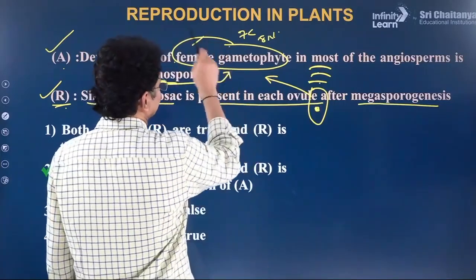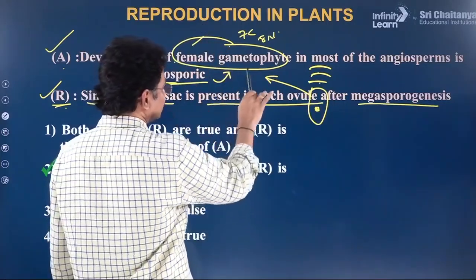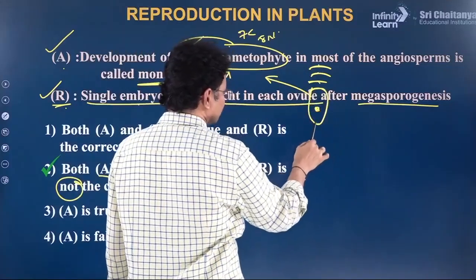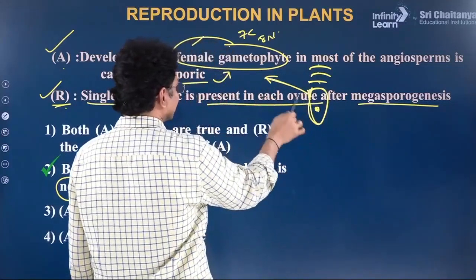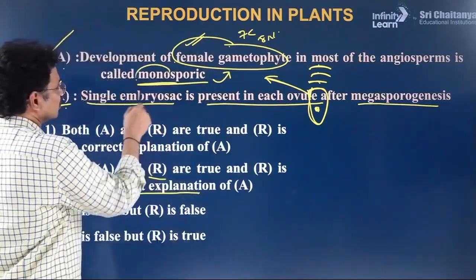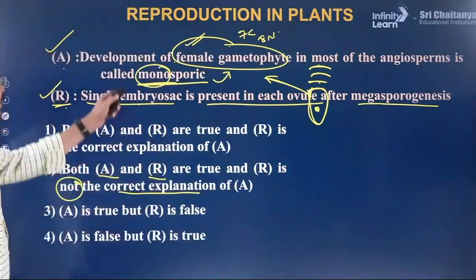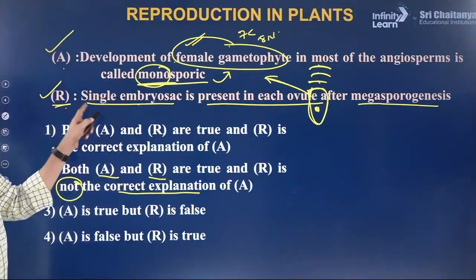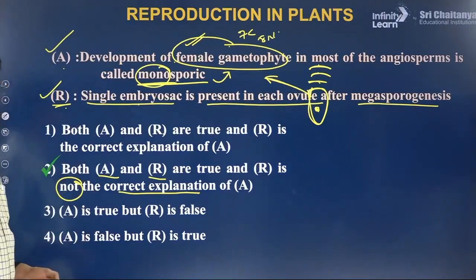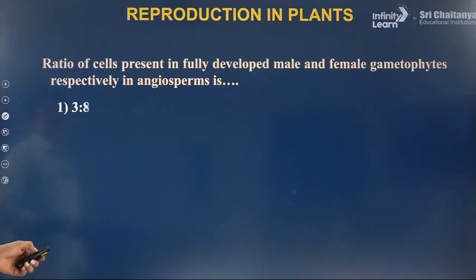But in the majority, more than 90% of flowering plants, out of 4 megaspores, only 1 functional megaspore is involved in development of the female gametophyte. Hence, it is named the monosporic type. That kind of explanation is not given in the statement reason. That's why the answer for this question is the second option only. Next question.